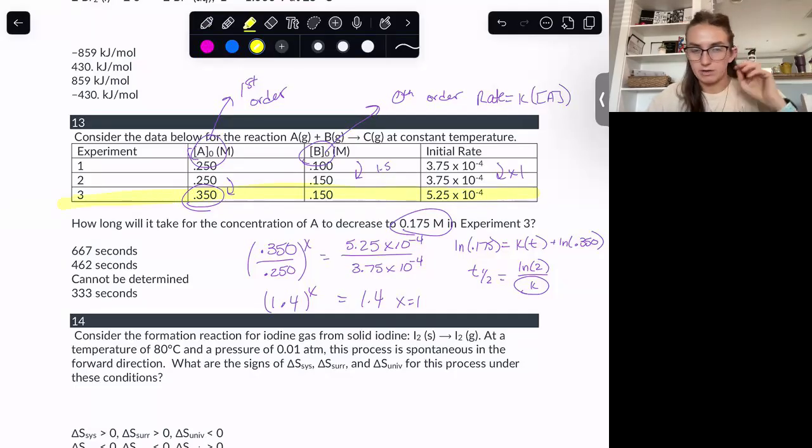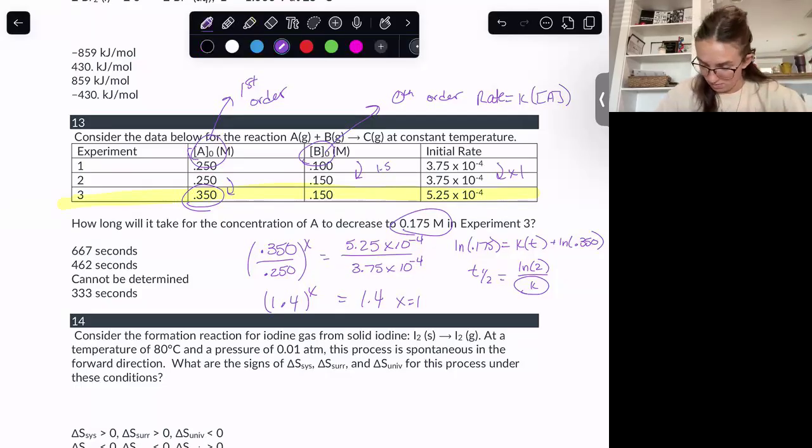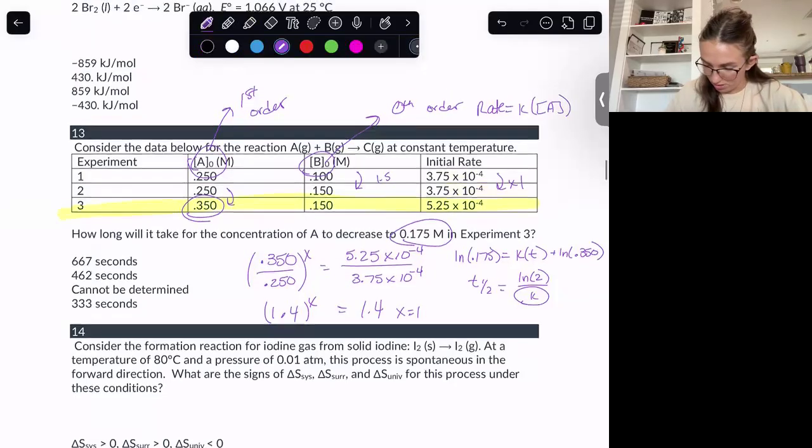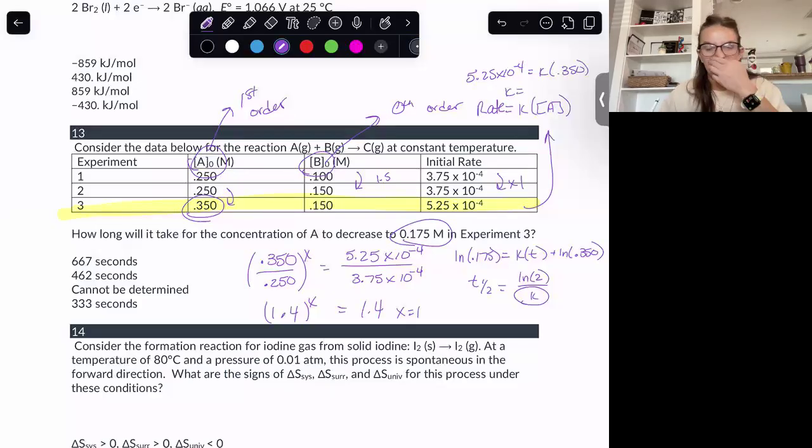We can use that example there. So you can plug in 0.35. This is very messy, I'm very apologetic. You can plug this into here. So you'll have 5.25 times 10 to the negative 4 equal to K times 0.350, and you can get your value for K.